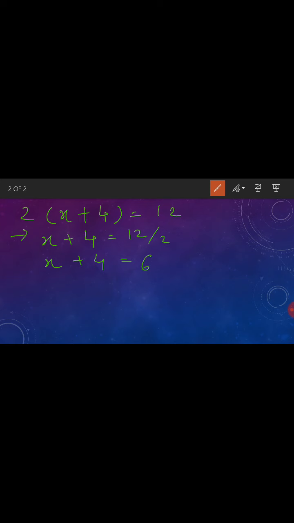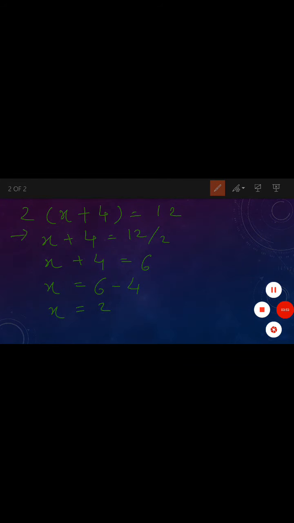Now 4 will be transposed to that side. So it will become x is equals to 6 minus 4. So value for x is 2. So students, you can copy this in your book. Okay students, let's go with next slide.